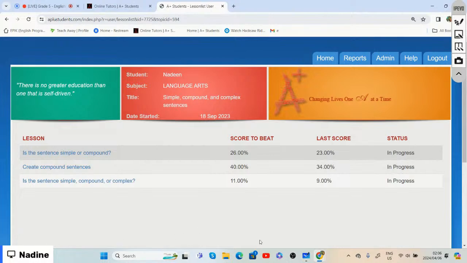All right. So in our previous lesson, we went over our different types of sentences, and we mainly focused on simple as well as compound sentences, right? Today we are doing simple, compound, and complex sentences, but we are mainly going to focus on compound sentences as well as complex sentences.